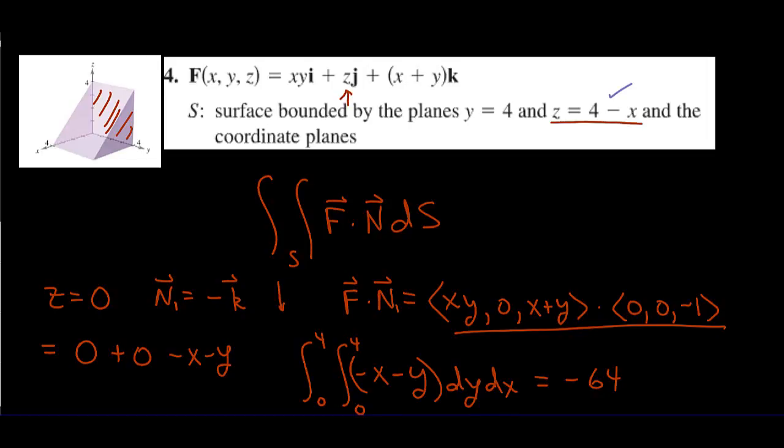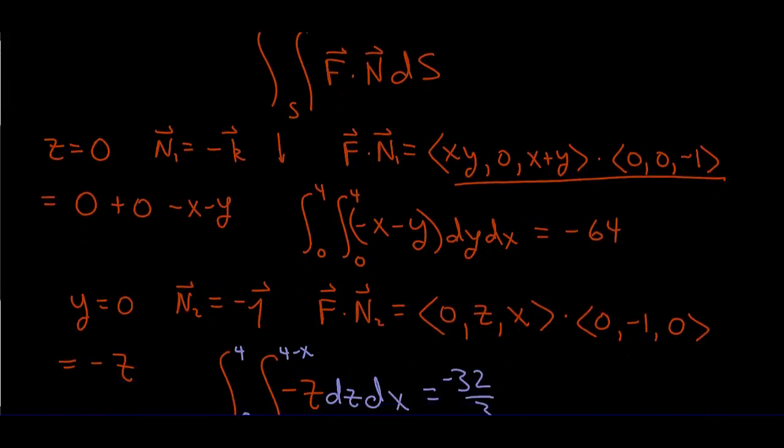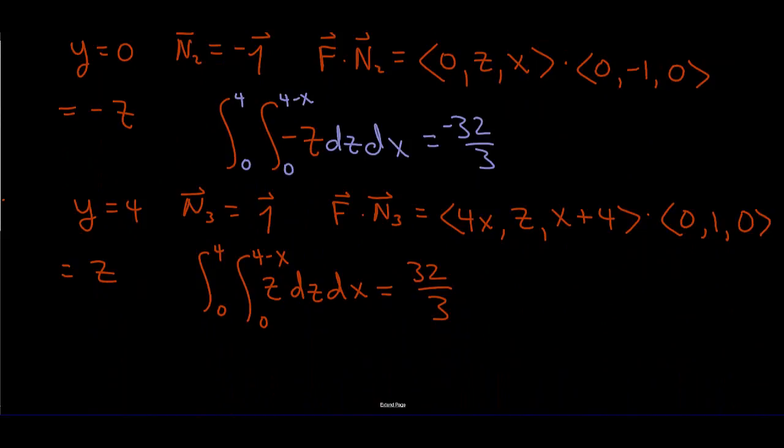And remember, we want a vector that goes away from the interior. So now we've got z equals 0, and then n4 is equal to, you're going in the negative x direction, so I'm going to say that's negative i. Okay, so now let's do the dot.